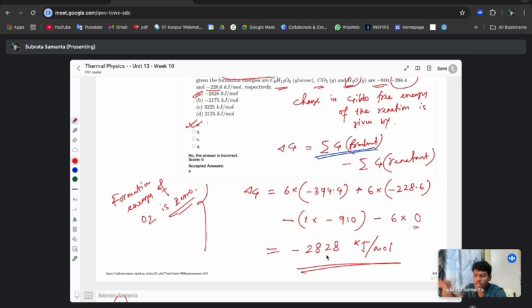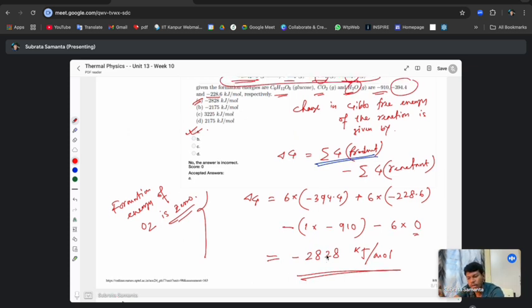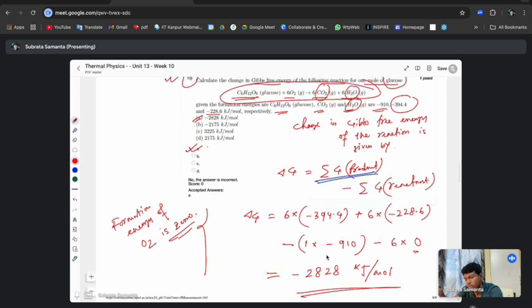So basically we first calculate the G of the products, the sum of G products. There are two products, one is CO2, another is H2O, and it's 6 times the formation energy of CO2. This is for CO2, this is for H2O, this is for glucose C6H12O6, and this is the O2, whose formation energy is 0.